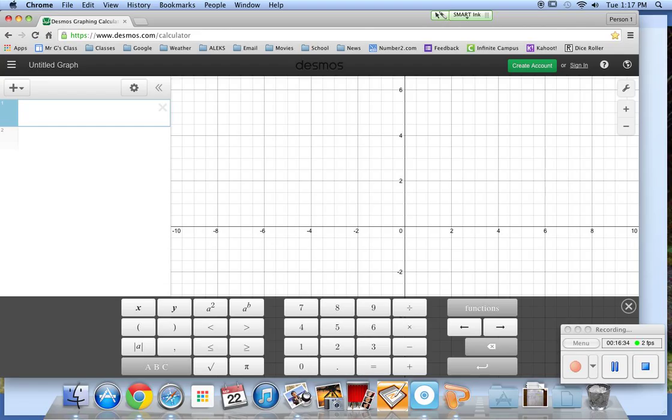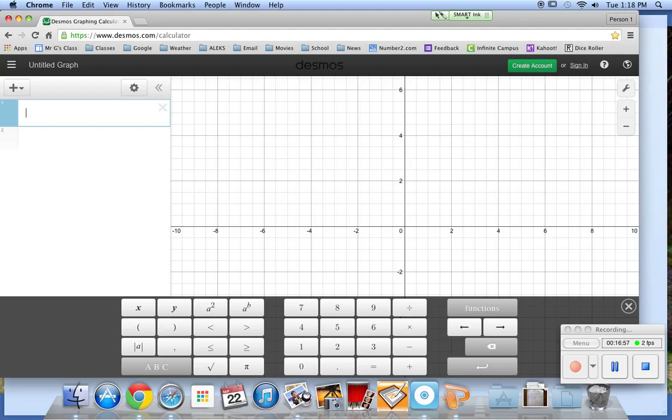But here's how this works, and you write this in your book: www.desmos.com/calculator. Desmos.com/calculator.